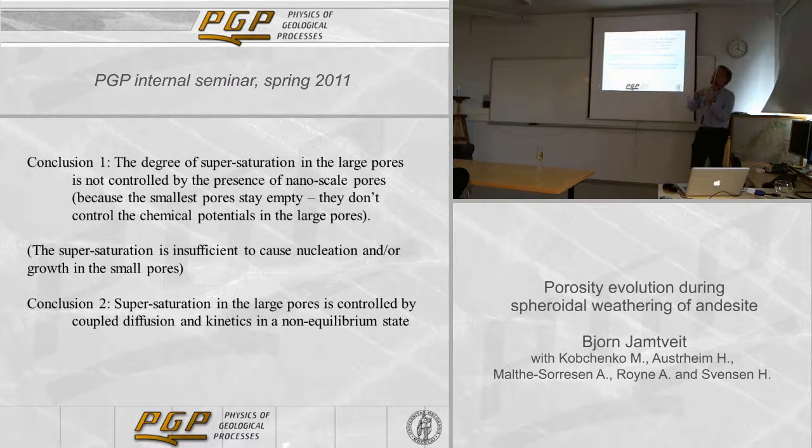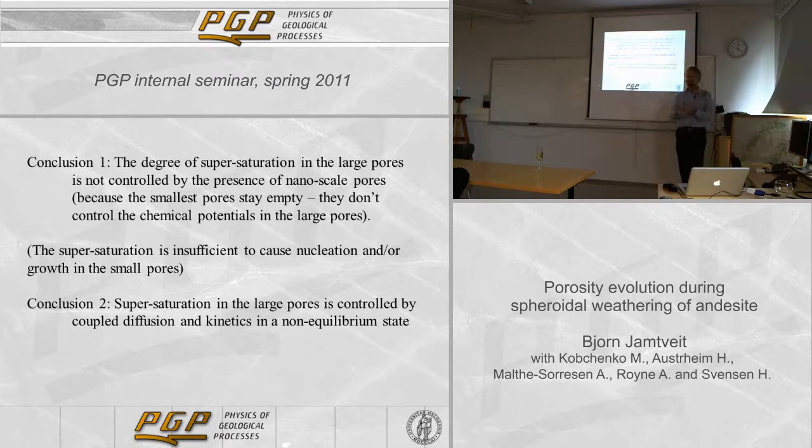Then if you precipitate in a really tiny pore, you push up the supersaturation in the big pores. So when you start growing crystals in the big pores, you generate a pressure in the big pores, sustained basically by supersaturation in the nanoscale or really tiny pores. This is called equilibrium growth.